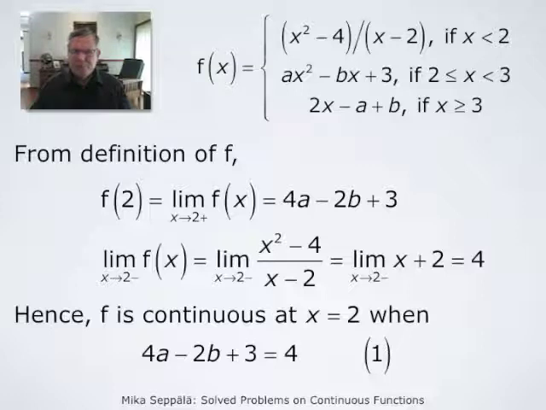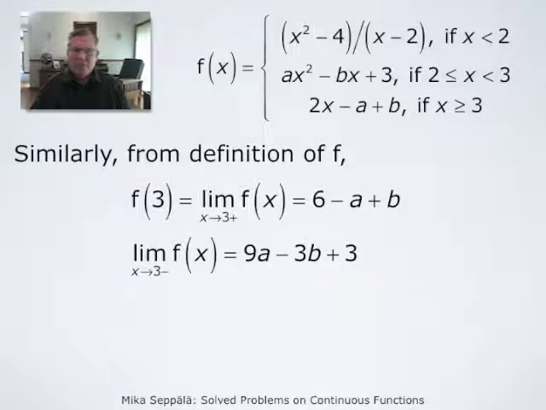The second condition we get by studying f at x equals 3. So from the definition of f, f at 3 is the limit as x approaches 3 through numbers larger than 3 of f of x, that is the limit of 2x minus a plus b as x approaches 3, and this is 6 minus a plus b.